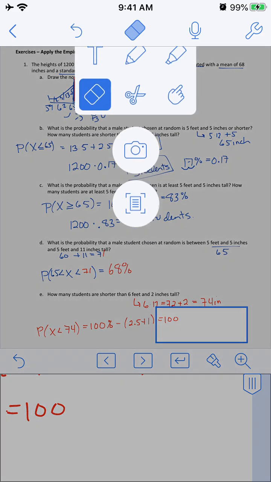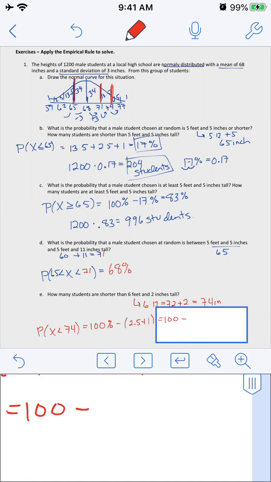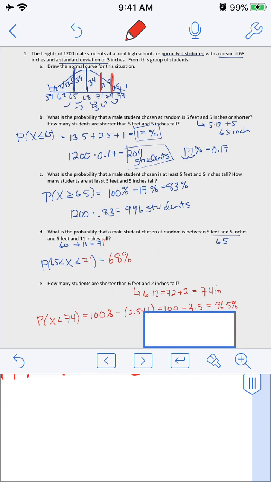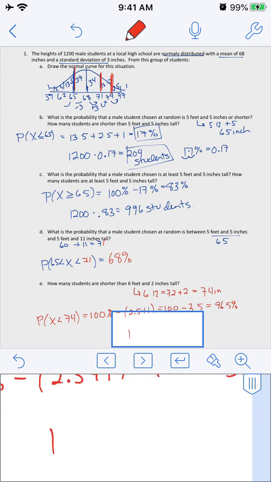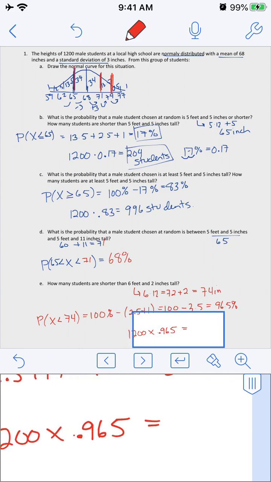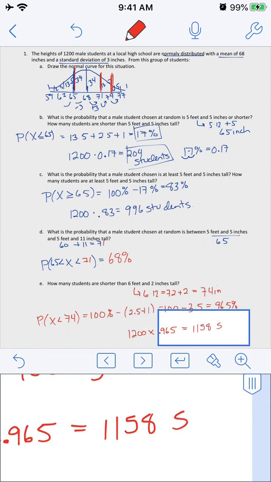Just kidding. We'll do it right. Minus 2.5, 3.5? Yeah, minus 3.5 would be 96.5%. Because really that 0.5% counts, right? Super cool, but wasn't really the question. They want to know how many, so let's times the 1,200 by the 0.965. Still only goes over 2 decimal places, but now I have that 0.5 to deal with. And we get 1,158 students.